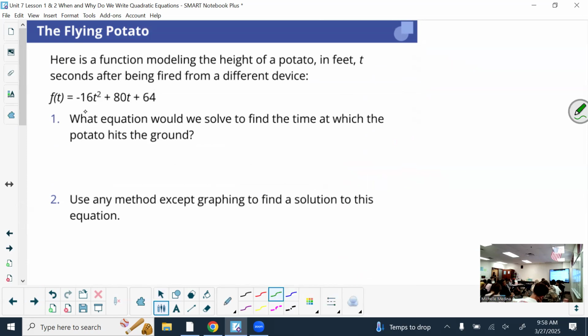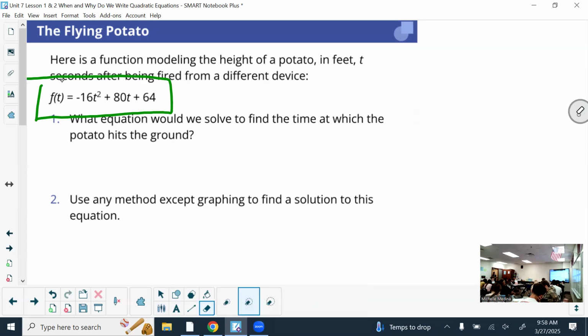So this looks similar to the one we had in the last problem, but it is different. It's now f of t. You see some things being the same still, because gravity still affects it the same way, but different situation now. The question is, what equation would we solve to find the time at which the potato hits the ground?